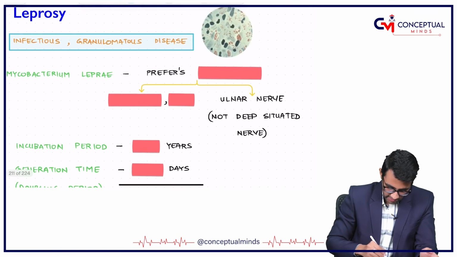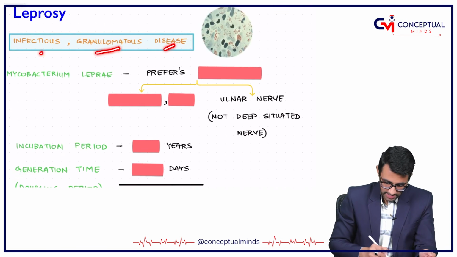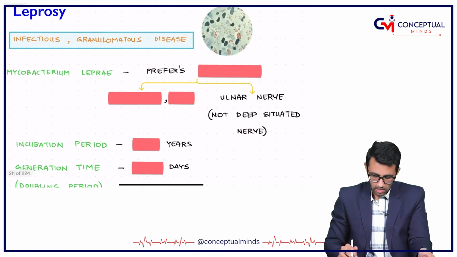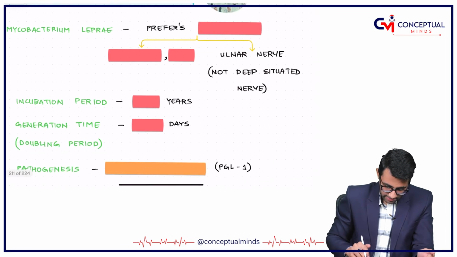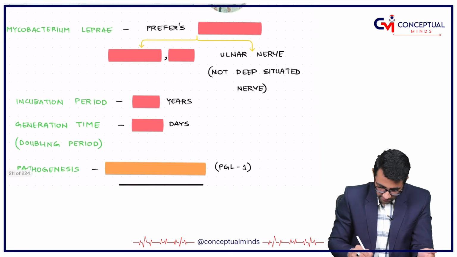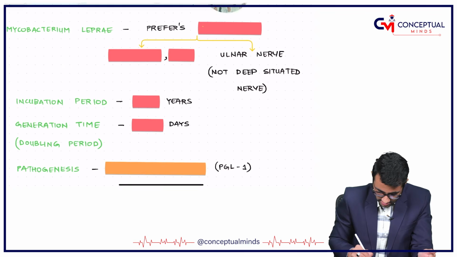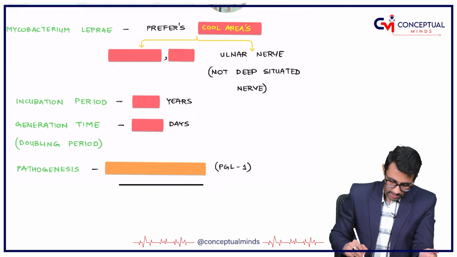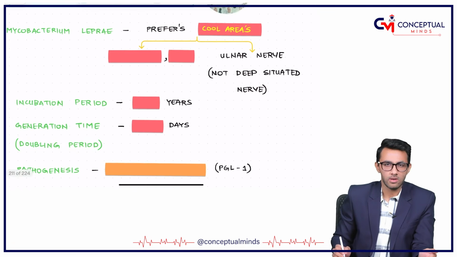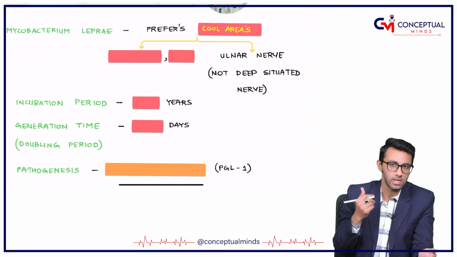We discuss a few points from this slide. It is a granulomatous disease, and definitely it is infectious as well. Mycobacterium leprae prefers the cooler areas. About the organs, first of all it would be the ear lobule and the nose.